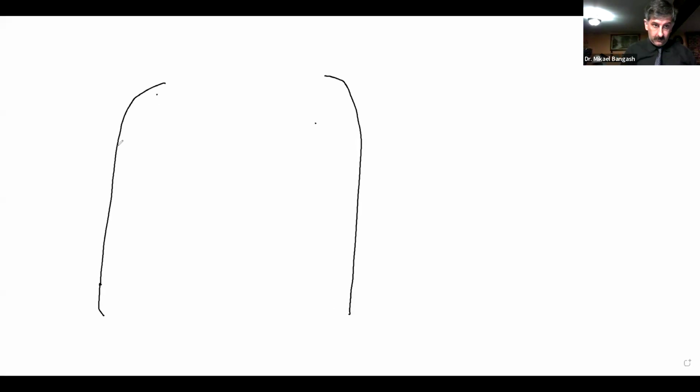Just so you guys don't get too confused, you can just assume that this here is the diaphragm.